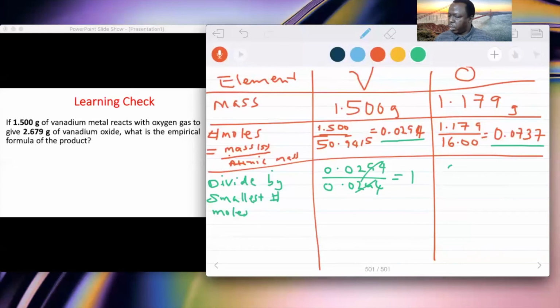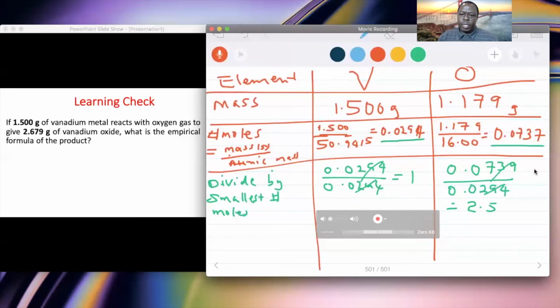And 0.0737 divided by 0.0294 gives me 2.5. In empirical formula calculation, you do not round off the number of moles.